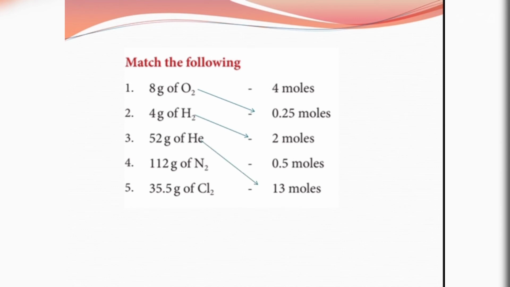Next one, 52 gram of helium, that is 13 moles. Next one, 112 gram of nitrogen. Answer: 4 moles. Next question, number of moles of 35.5 gram of chlorine. Answer: 0.5 moles.